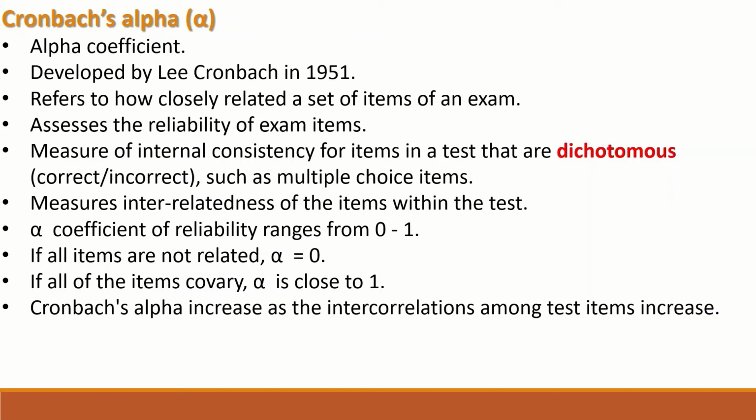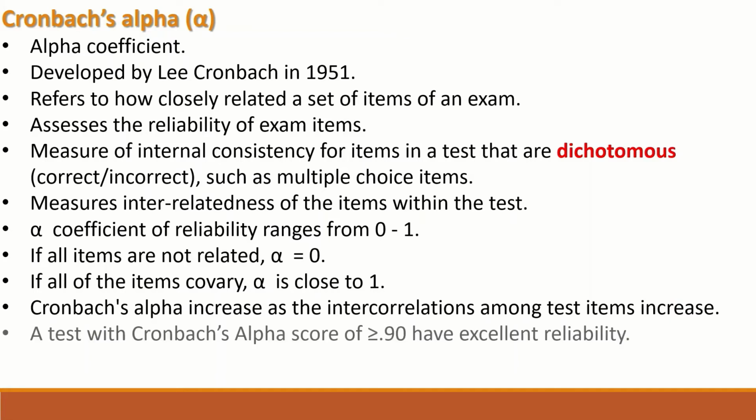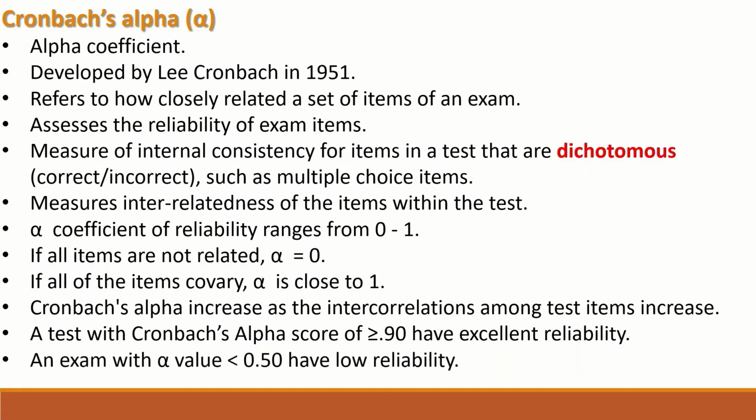Cronbach's alpha increases as the intercorrelation among test items increases. A test with a Cronbach's alpha score of 0.9 or greater has excellent reliability, and a test with an alpha value less than 0.5 will have low reliability.